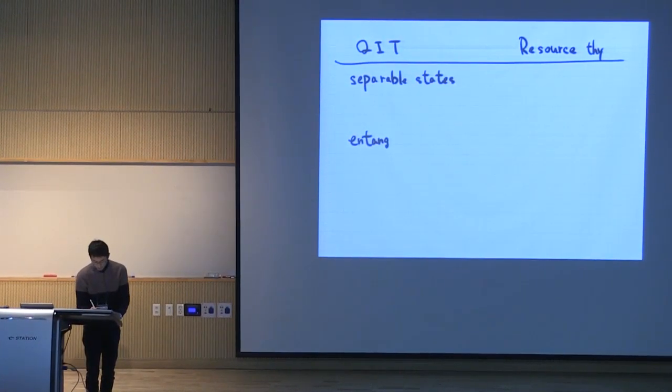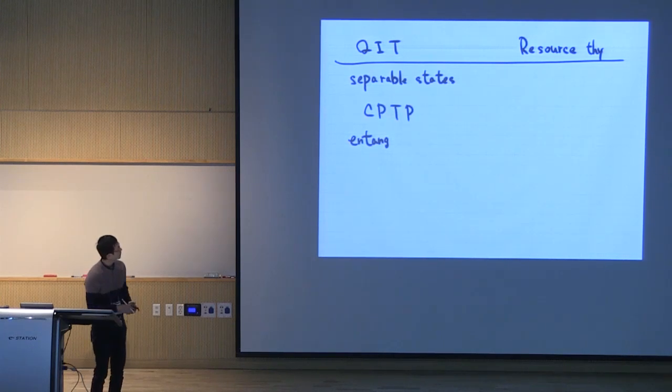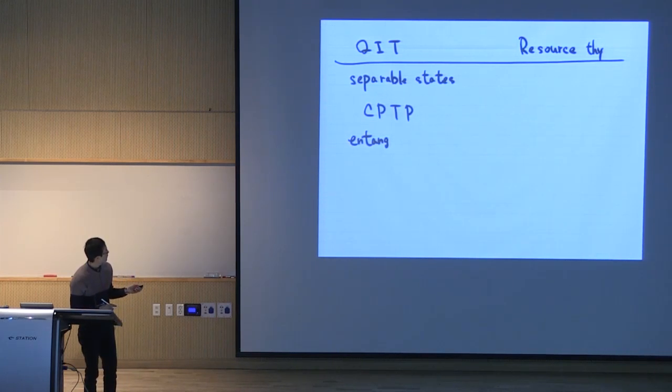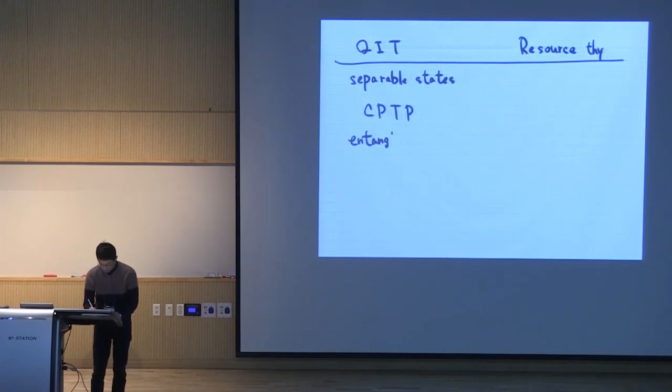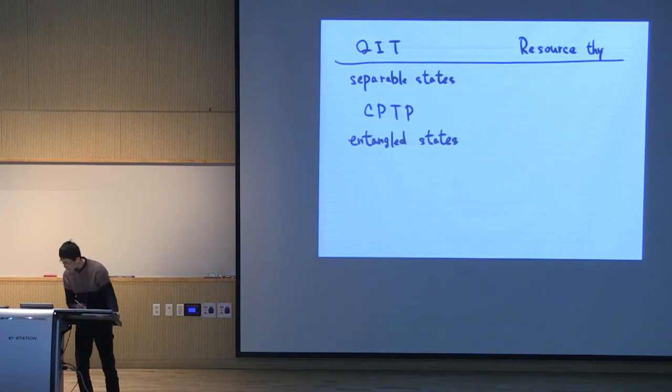Anyway, you have some set of operations, CPTP, you have separable states, and you also have entangled states, and you have an entanglement measure.